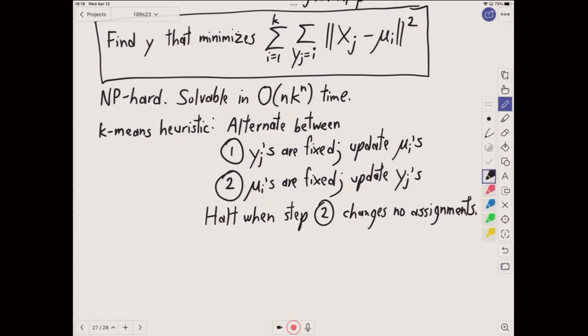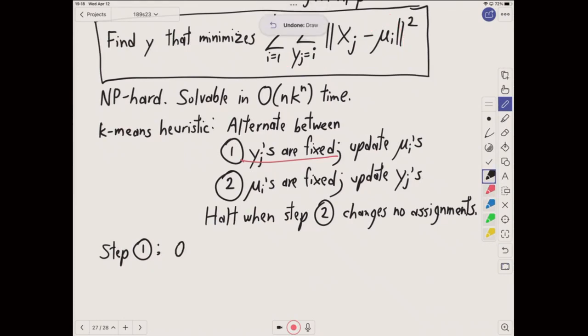So let's go through this in a little more detail. What does it actually mean to optimize that objective function subject to these constraints? Well, step 1, again, the y_j's are fixed, so can't change the cluster assignments. I'm just going to update these numbers, mu of i, to minimize that expression.